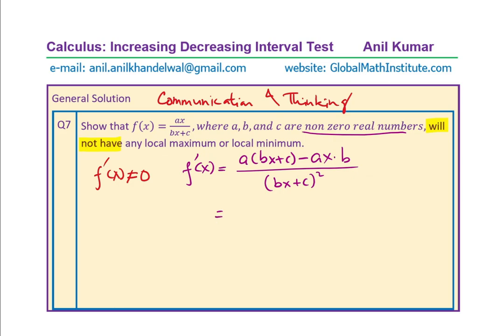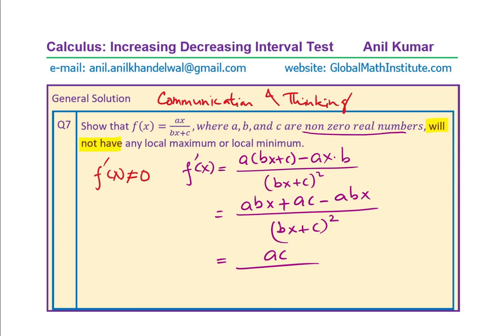So this could be written as abx plus ac minus abx over bx plus c whole square. Perfect. And abx cancels. So we have ac over bx plus c whole square, right?